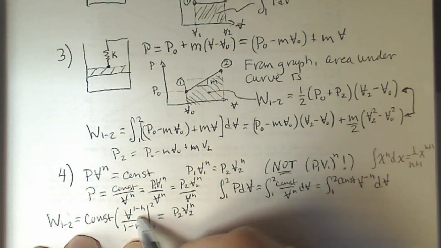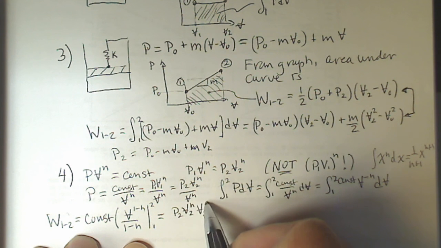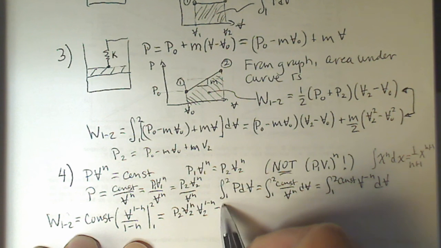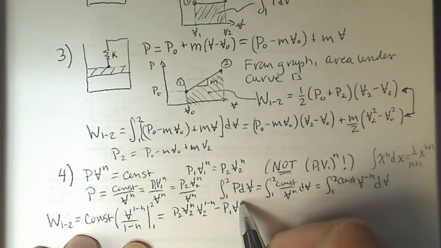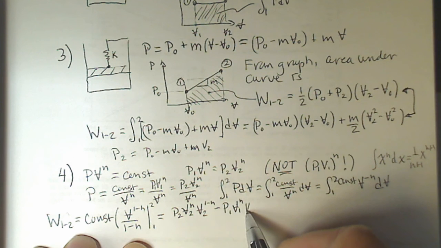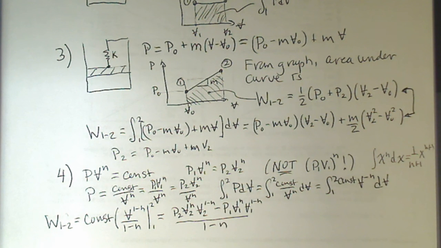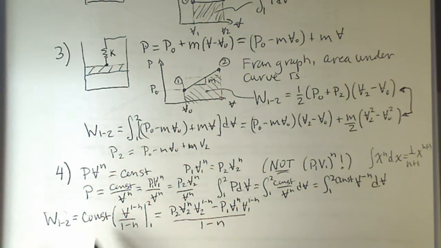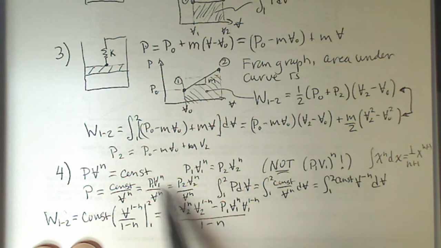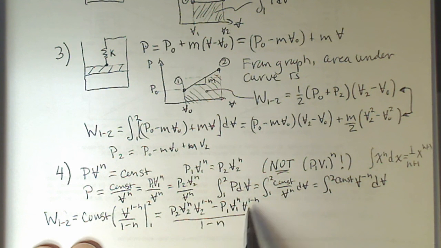P2V2 to the n times V2 to the 1 minus n minus P1V1 to the n times V1 to the 1 minus n divided by 1 minus n. Okay, so again, that's this constant times v to the 1 minus n, minus the constant times v1 to the 1 minus n.